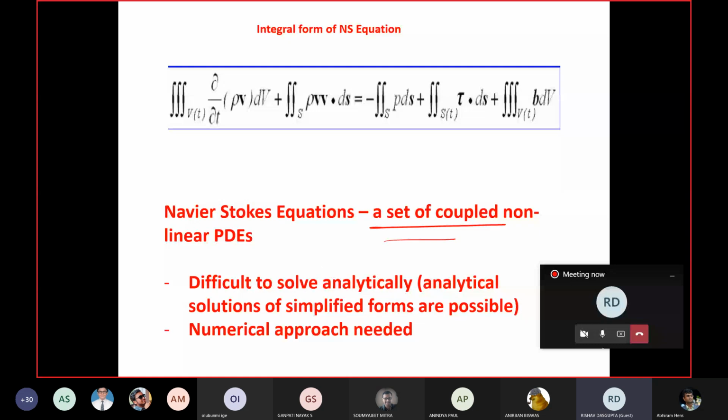If anyone can solve the Navier-Stokes equation analytically, he or she may get a Nobel sort of thing. That is the kind of challenging task it is. Now the solution method that is available to us is taking the help of a numerical approach.